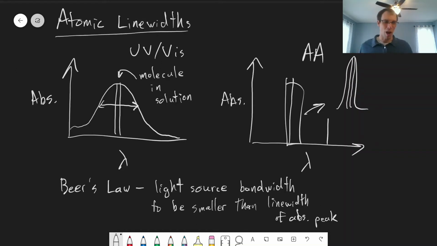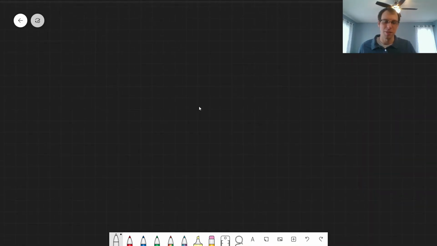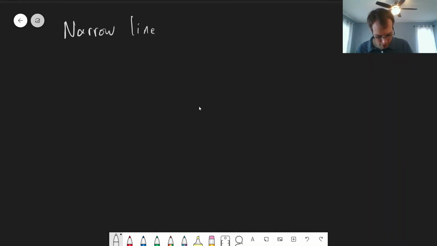So we need to go into why, first of all, these are so narrow in comparison to a solution, and then what we can do about trying to get a light source that provides something even narrower than these atomic absorption features. And so there's a few reasons why these are so narrow for atoms. Narrow line widths.